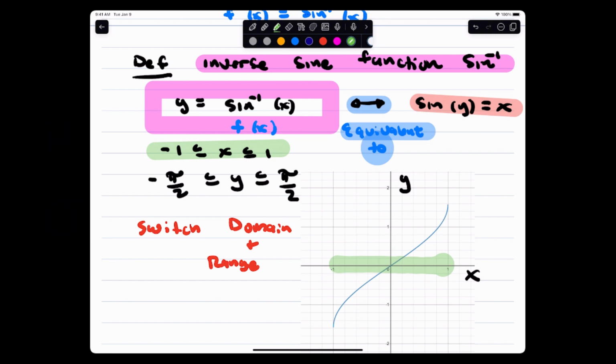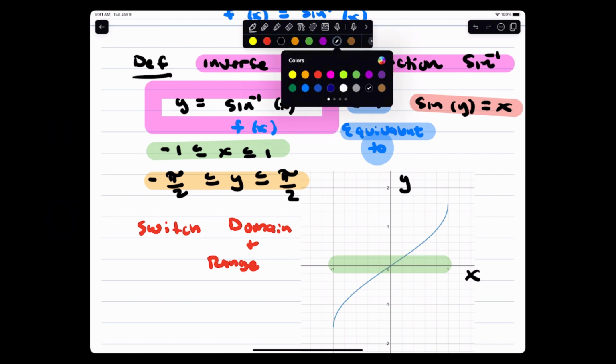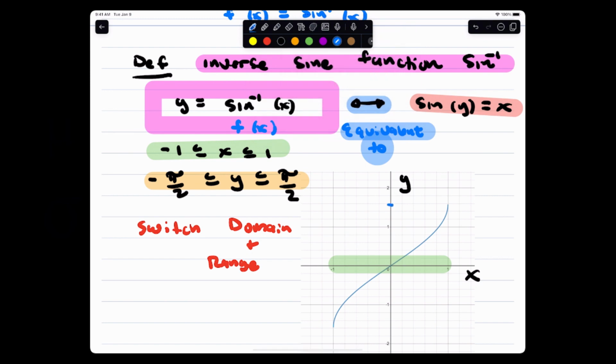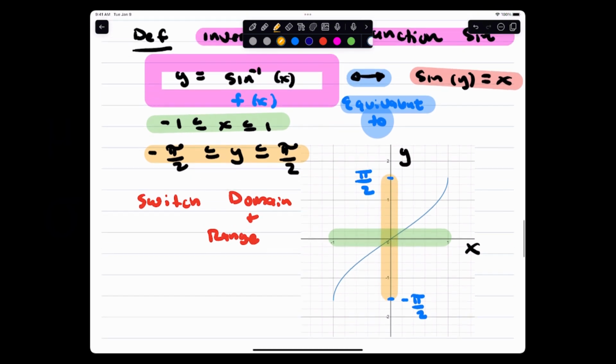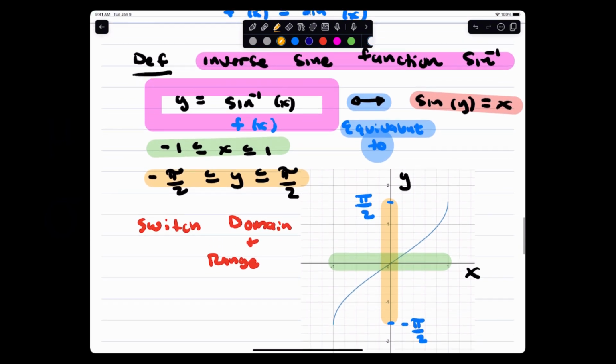The values of y, the output values, are going to be here, pi/2 and -pi/2. So I'm going to have to label them. Let's use blue. +pi/2 up here. -pi/2 down here. And all we're saying, these are now my y values. Domain and range, ladies and gentlemen. It's a new function.